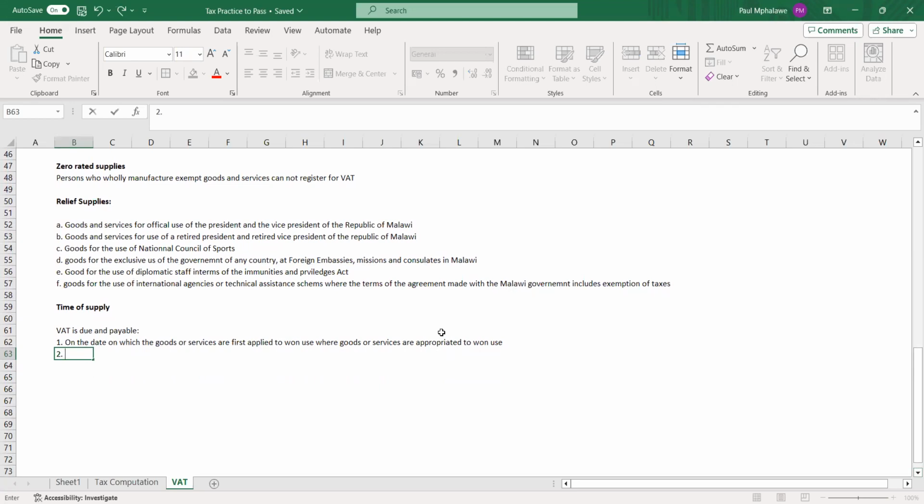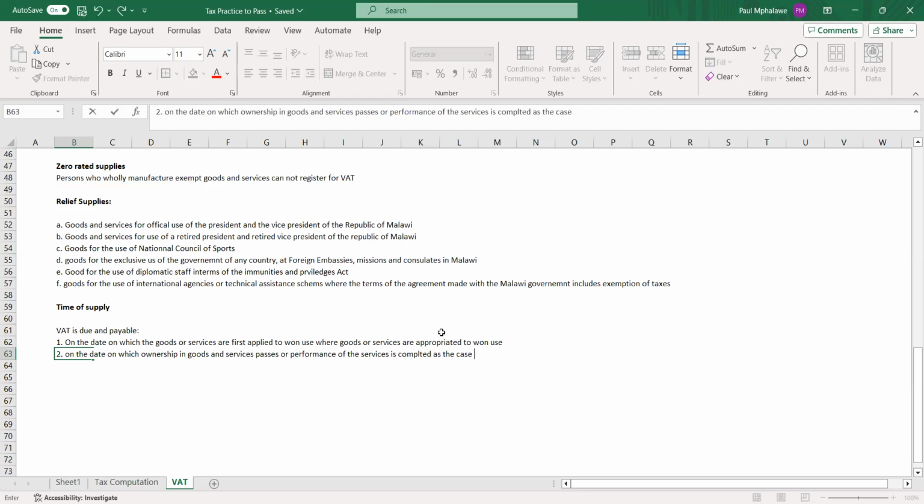Secondly, VAT is due and payable on the date on which ownership in goods and or services passes, or performance of the services is completed, as the case may be.